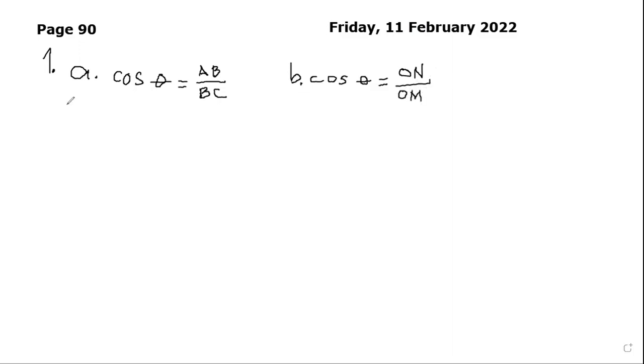Number 2, so that we can finish this one. Letter A. Find the values of cosine theta in each of the triangles. So cosine theta equals adjacent over hypotenuse.